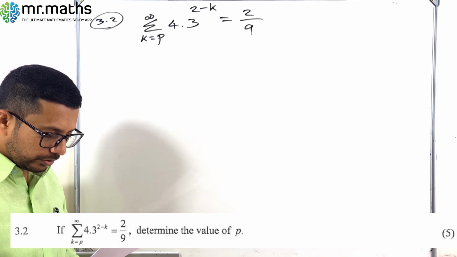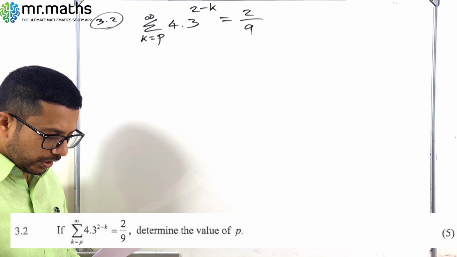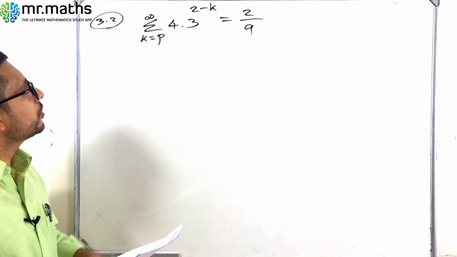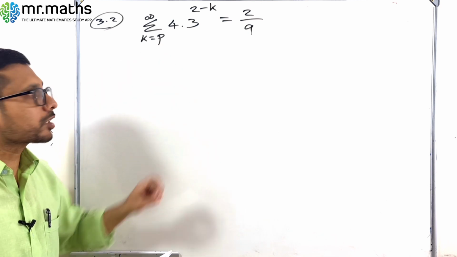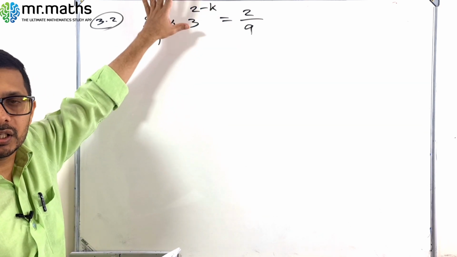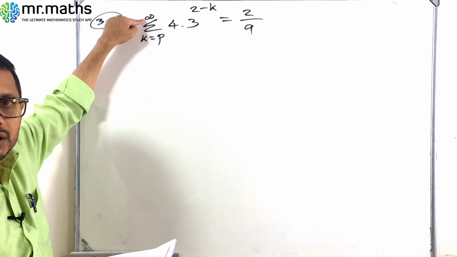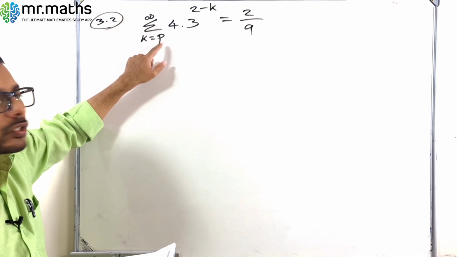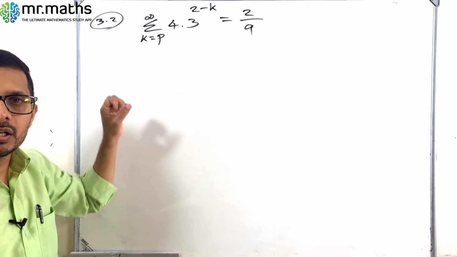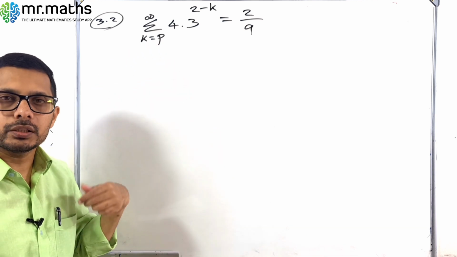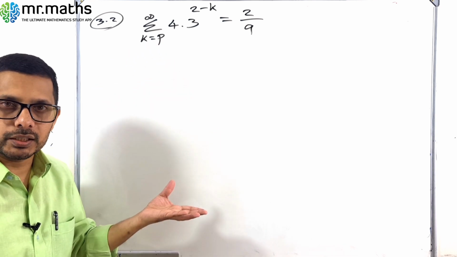So anyway, we have to find this value of p, and we have to expand this series. Am I right? Okay, look at this, sigma k equal to p to infinity. If it starts at 1, how are we writing it? First 1, then 2, then 3, then 4, then 5, like that. Am I right?